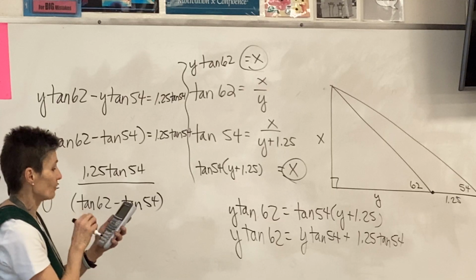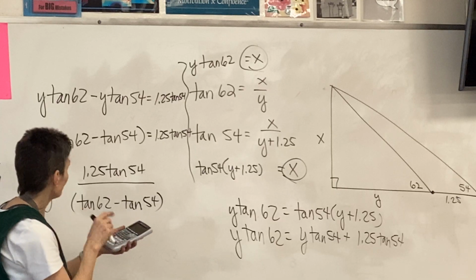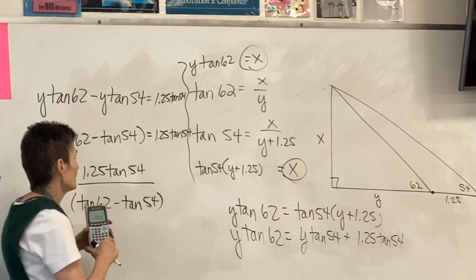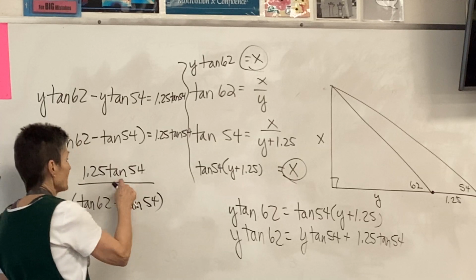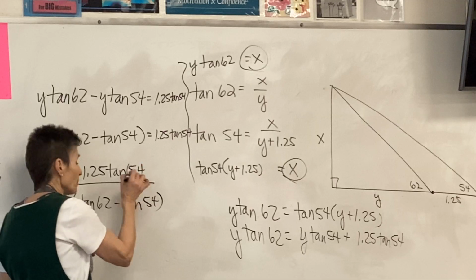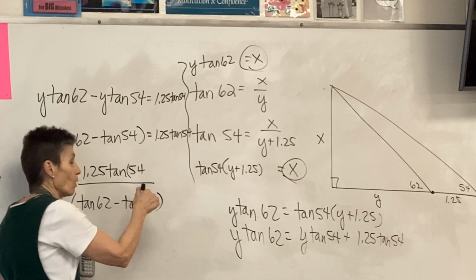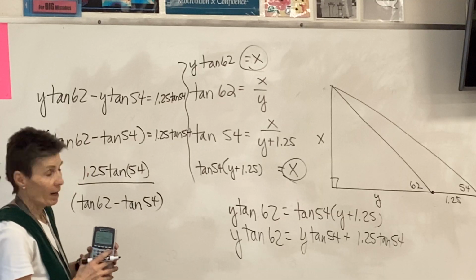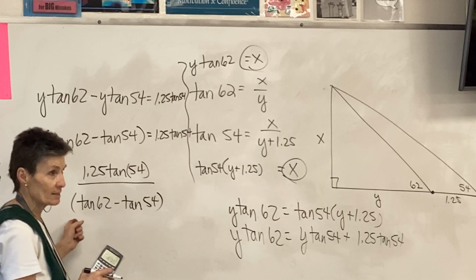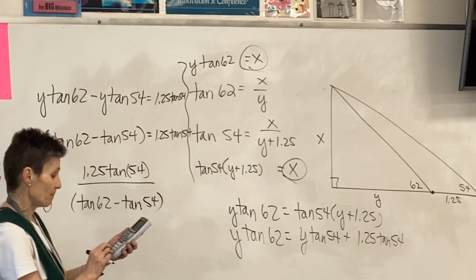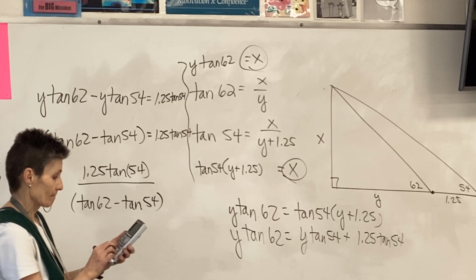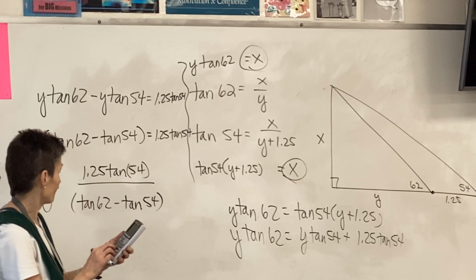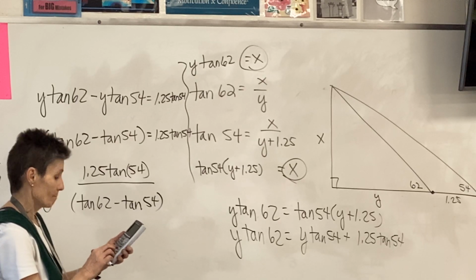So make sure you're in degrees. When you type this in, the minute you type tan, it's going to put a parenthesis. You're going to put in 54, but then you have to close that parenthesis, divided by another parenthesis.